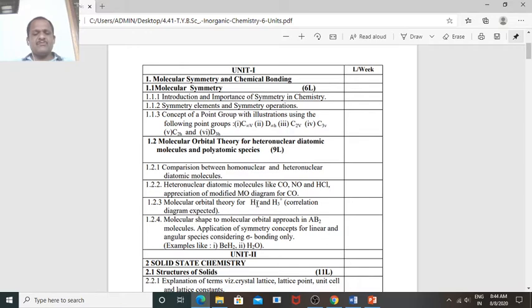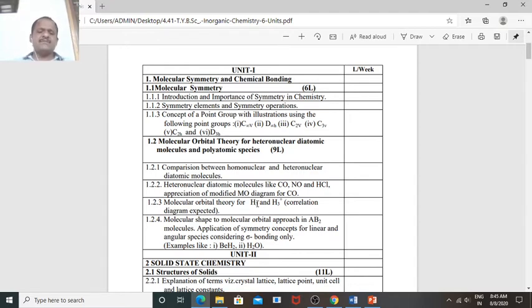Then application of MOT to molecules like BeH2 as well as the water molecule, and how they are formed by MOT. This is the overall content of the first unit, which has 15 lectures in total.